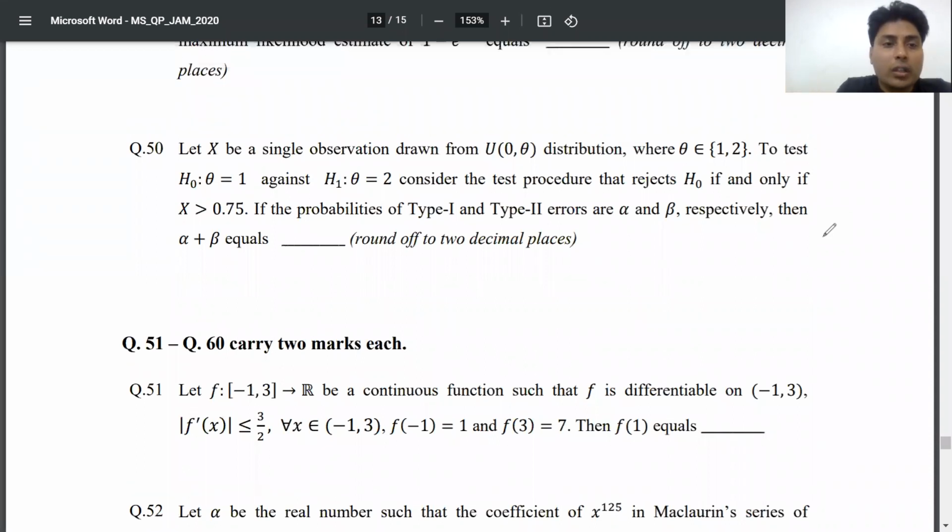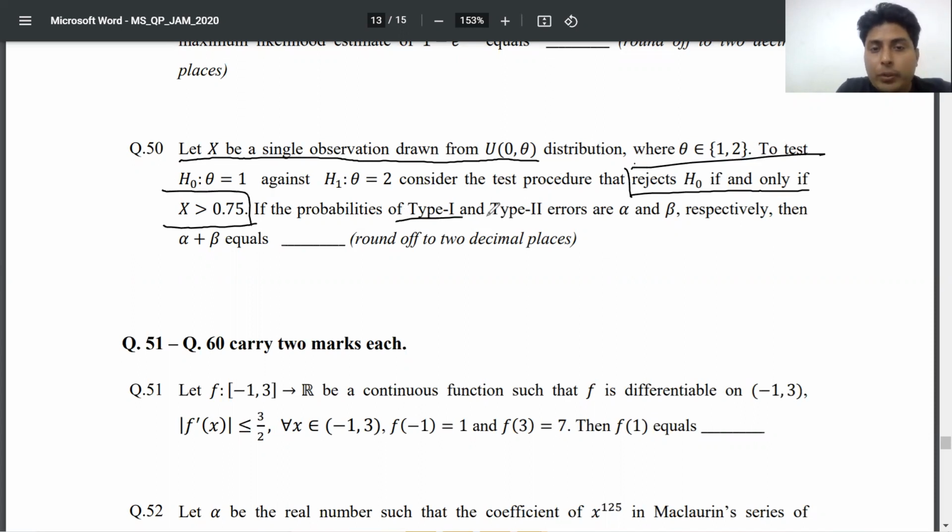Let x be a single observation drawn from uniform 0 theta, where theta is 1 or 2, to test H0: theta is 1 against H1: theta is 2. Consider the test procedure that rejects H0 if and only if x is more than 0.75. The probabilities of type 1 and type 2 error are alpha and beta.